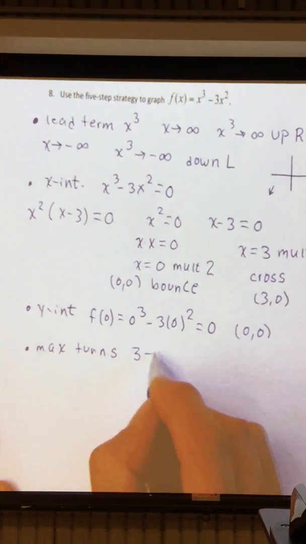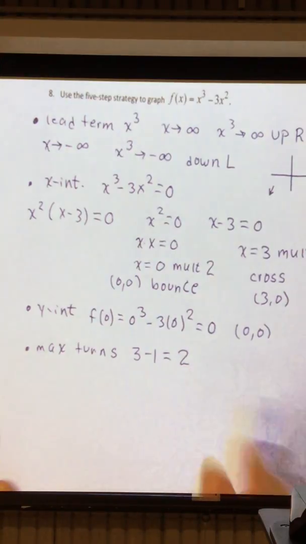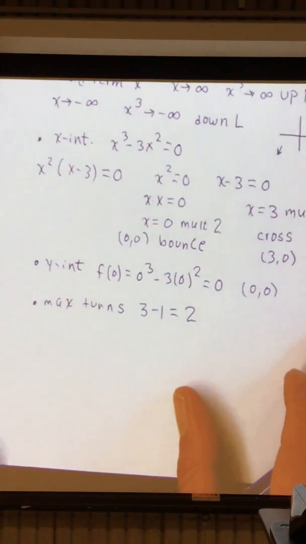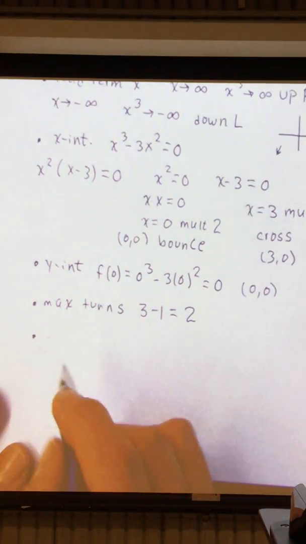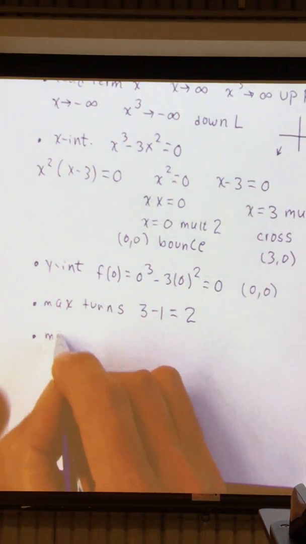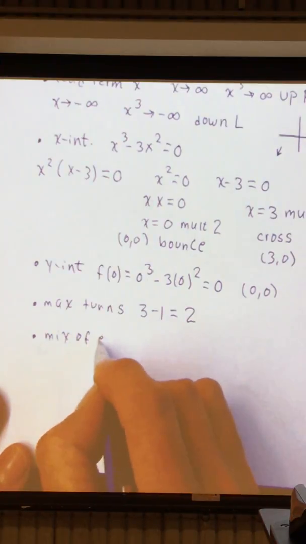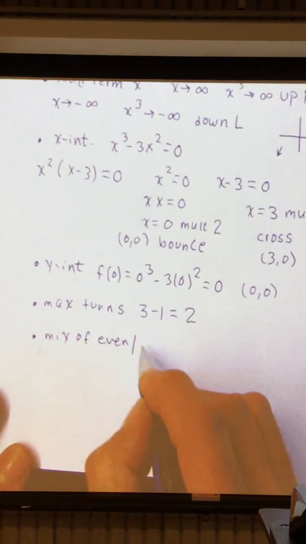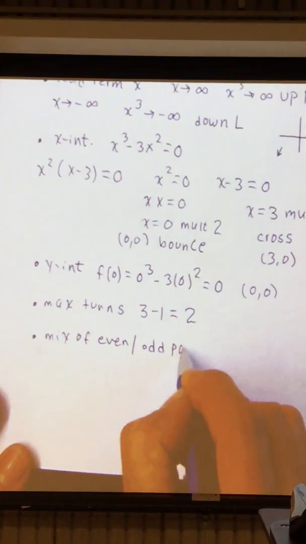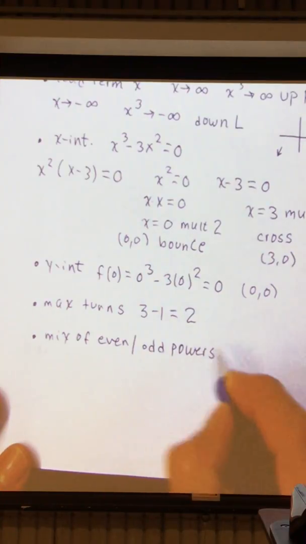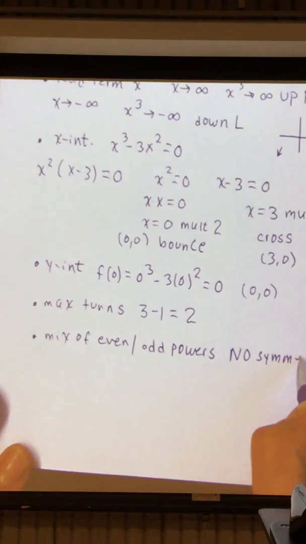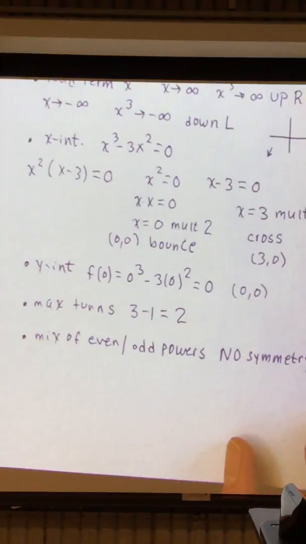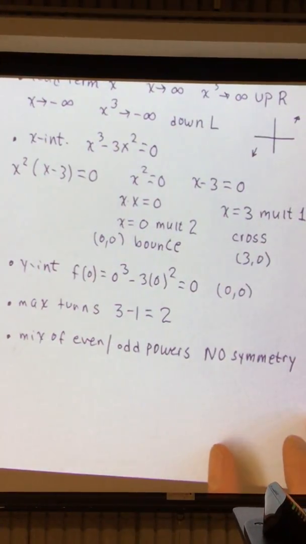And degree 3, so minus 1, 2. At most, 2 turns for this function. And let's see, symmetry. Well, we have a mix of even and odd powers, so we will have no symmetry. There's a formal test that we can apply to that, but we'll say it briefly like that.